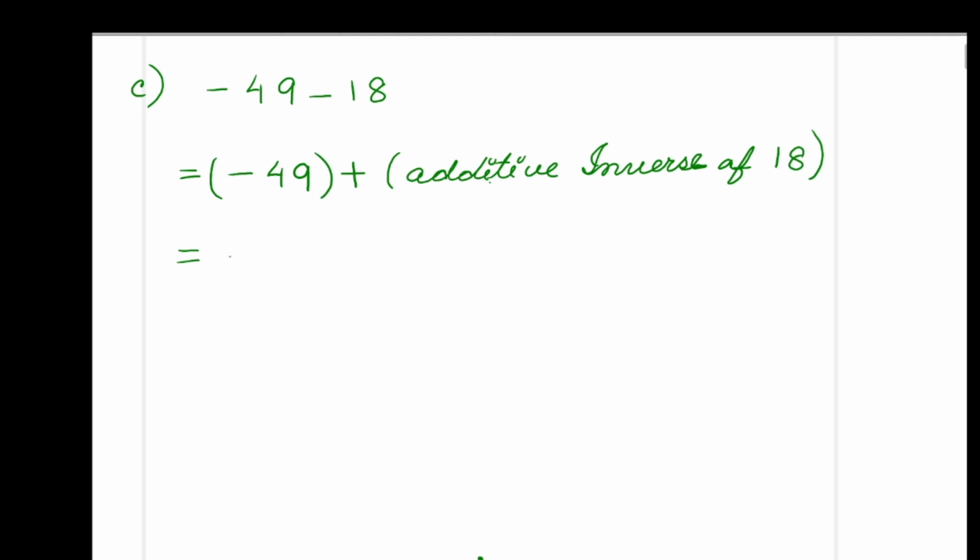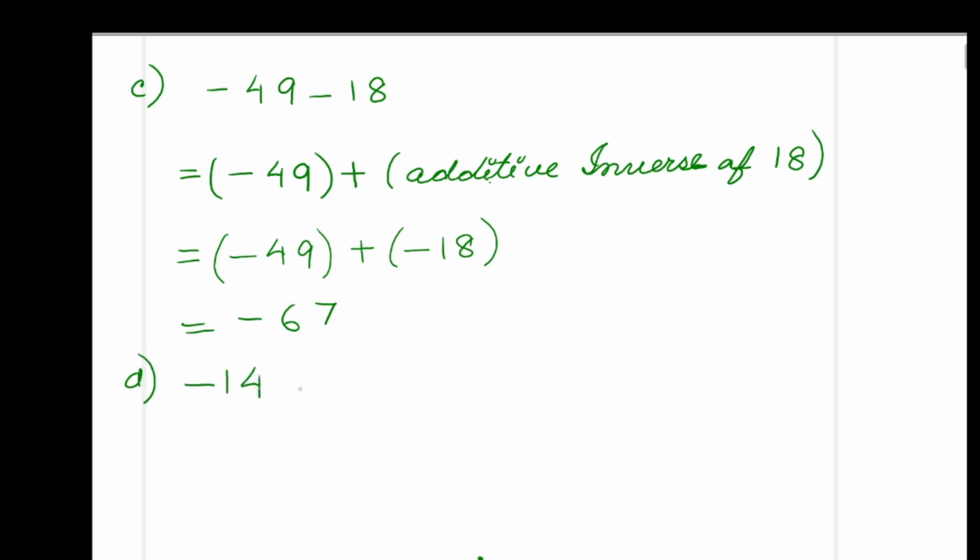So it will be minus 49 plus minus 18. Okay. So when both are negative, then we just have to add the numbers, then you will get minus 67.